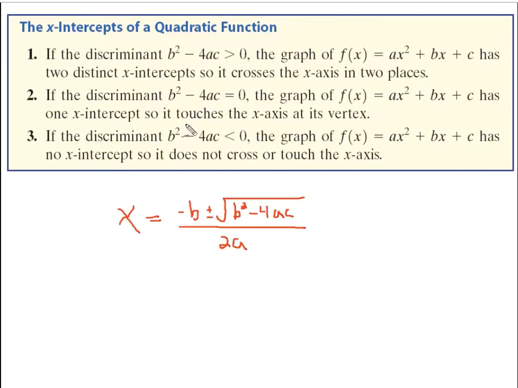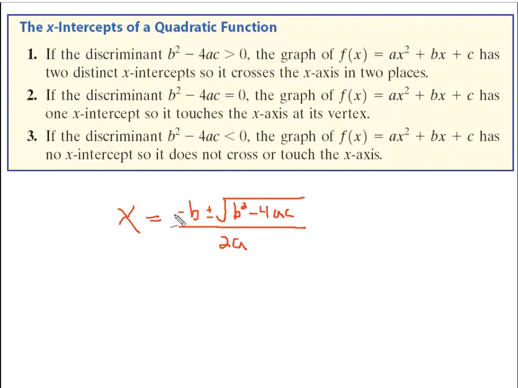I paused the video real quick and just wrote out the quadratic formula. Remember, if you have a quadratic equation, ax squared plus bx plus c, and you set it equal to 0, you're finding x-intercepts for that parabola. The easiest thing to do is to use the quadratic formula here.